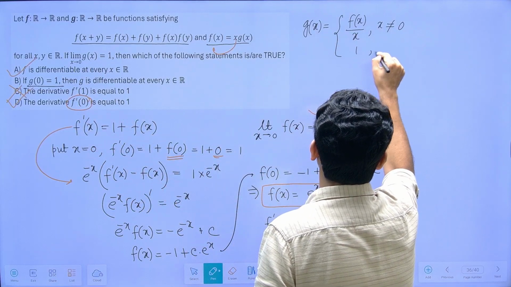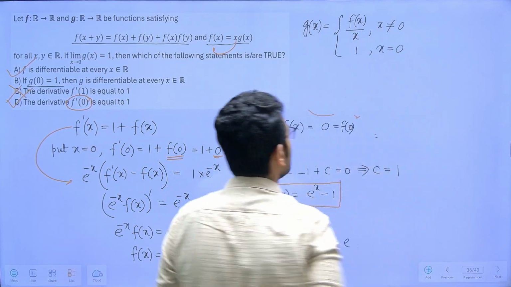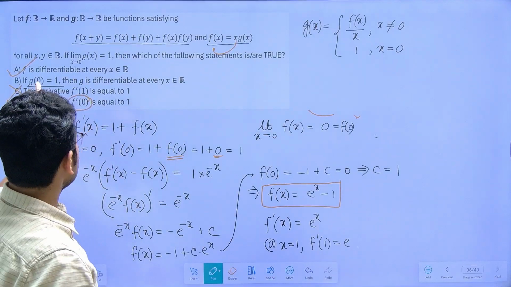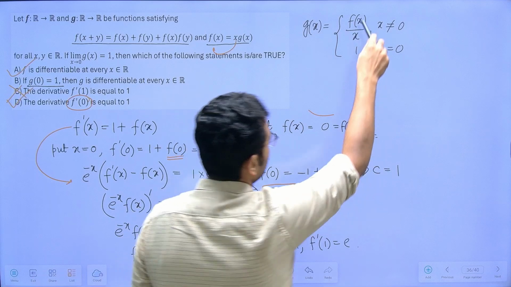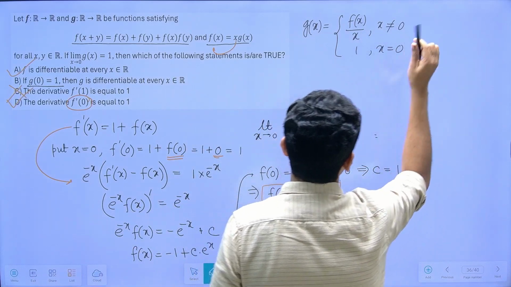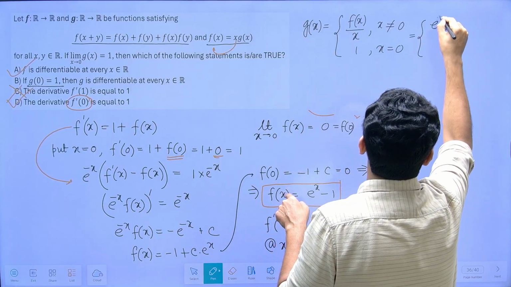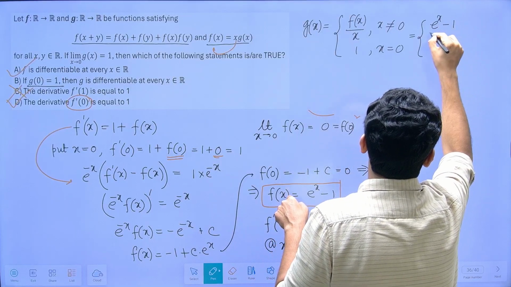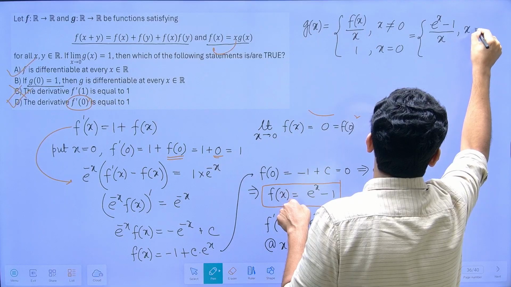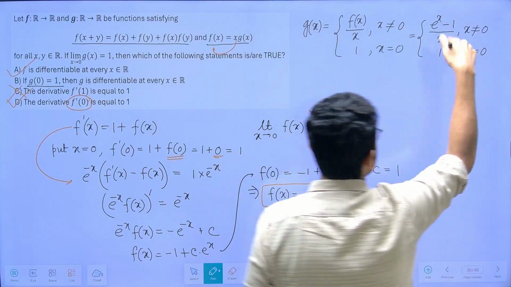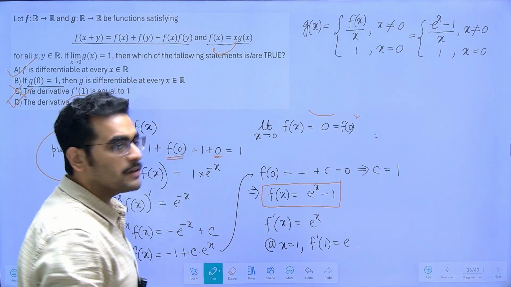So it is 1 when x is equal to 0. I am taking option B: g(0) is 1. So g(x) is f(x) by x when x is not equal to 0, and 1 when x is equal to 0. If we substitute f(x), g(x) is e to the power x minus 1 divided by x when x is not equal to 0, and it is 1 when x is equal to 0. So this is the piecewise definition of the function g(x).